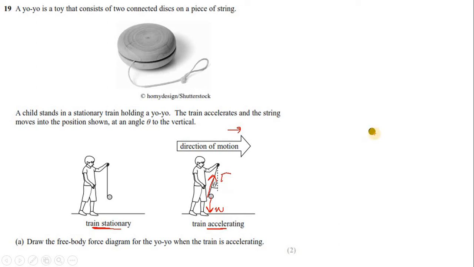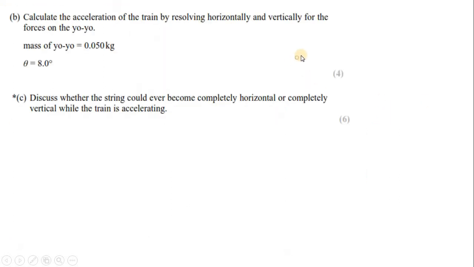So here we have a free body diagram, and you can plot these two forces in the given direction: the weight acting down and the tension acting in this direction. Calculate the acceleration of the train by resolving horizontally and vertically for the forces on the yo-yo.